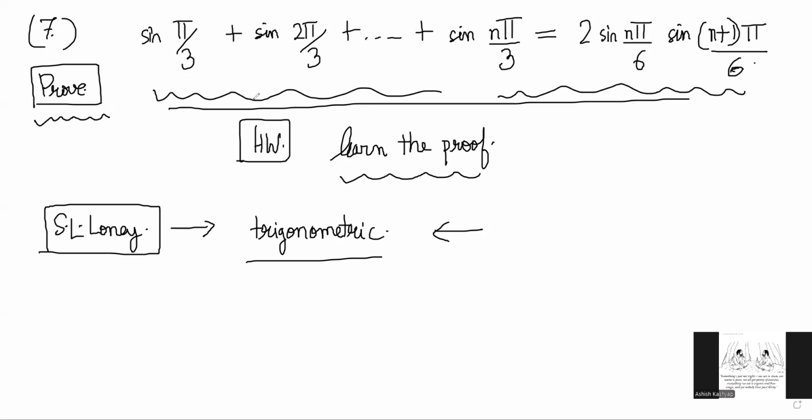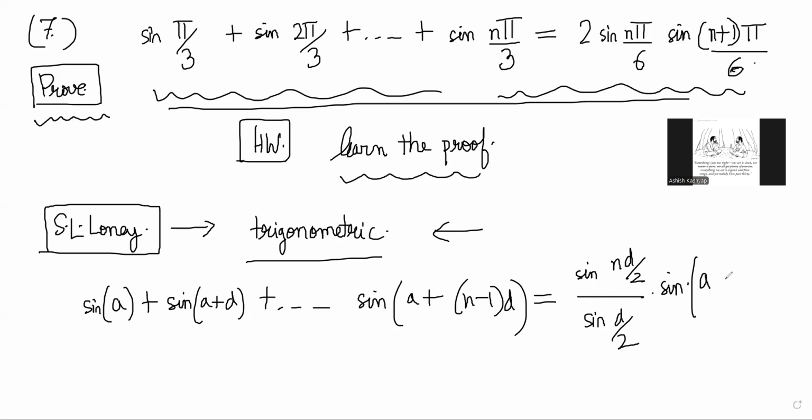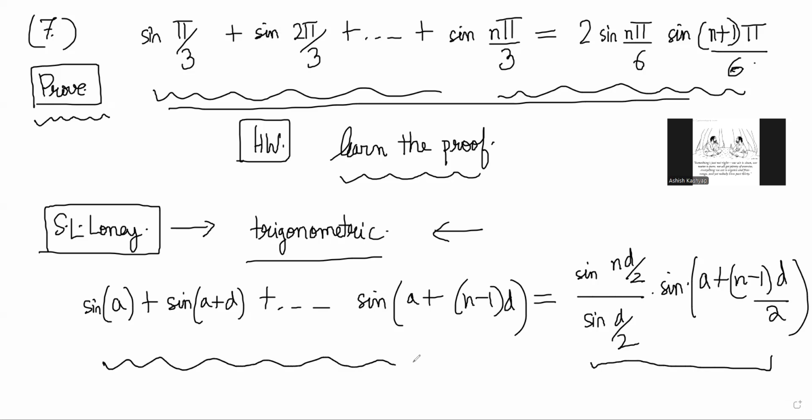That trigonometric proof gives a formula for sine A plus sine of A plus D plus ... plus sine of A plus n minus 1 D. This series summation is sine of n times D by 2 divided by sine D by 2, multiplied by sine of (first angle plus last angle) by 2, so sine of A plus (n minus 1) D by 2. This is the formula that has been derived in SL only.